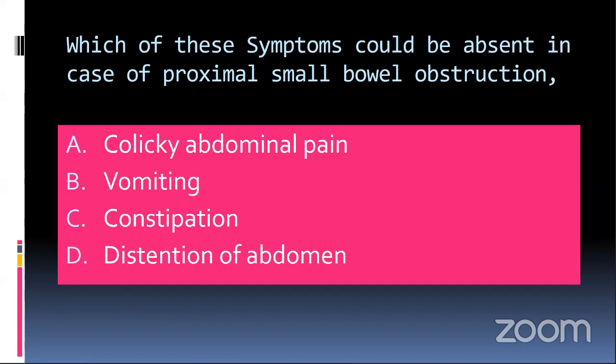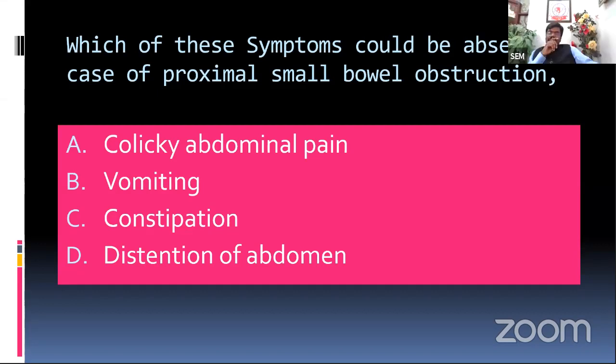Sir, both. See, constipation is present whether the obstruction is proximal or distal. See, wherever there is obstruction, nothing is going to come out. So constipation is a universal finding in all types of obstruction, whether it is proximal, distal, small bowel, large bowel.